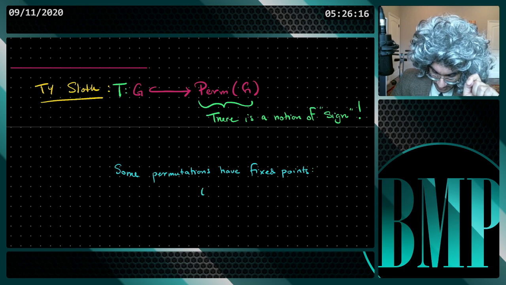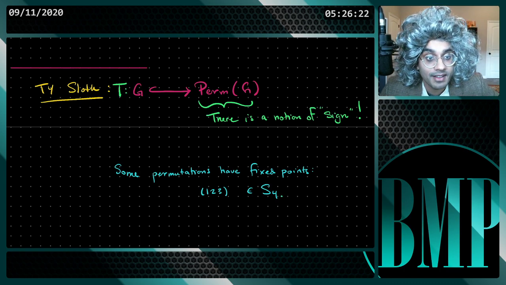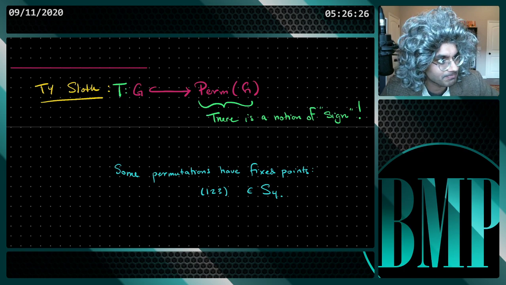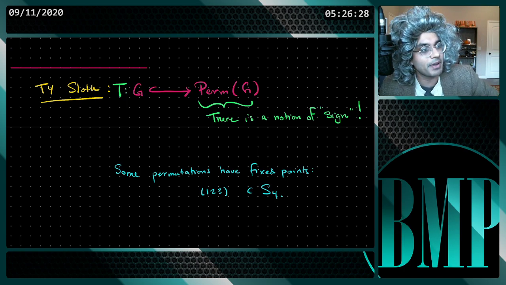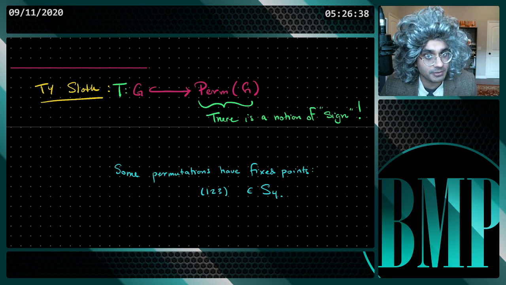For example, 1, 2, 3 as an element in S4 that has a point 4 that's fixed under the permutation. So Kappa, all of the non-trivial elements in the group G map to permutations which don't have a fixed point.